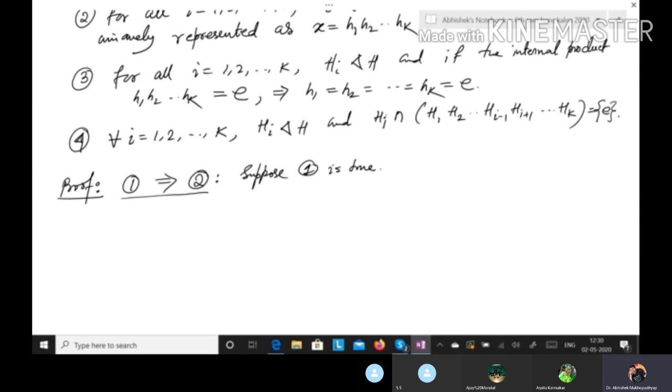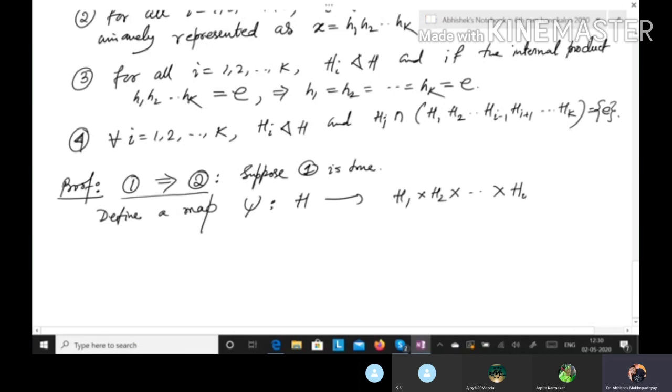Now define a map psi colon H1 cross H2 cross up to Hk, where for the ith group we put just the trivial group, the identity, and then proceed as before.